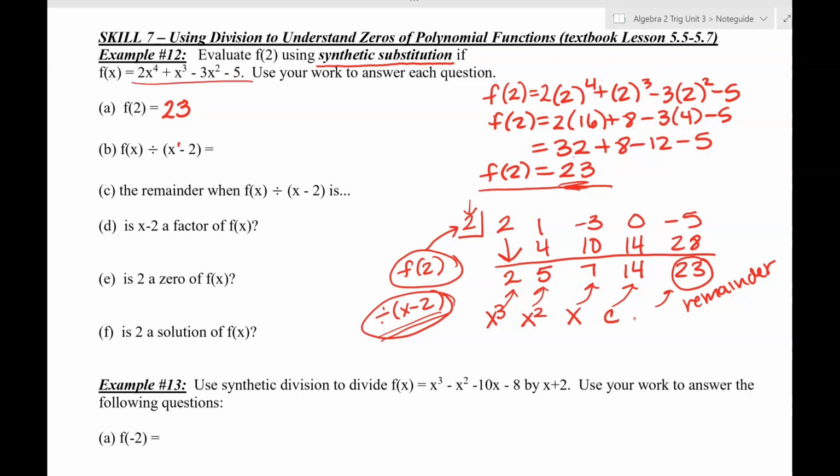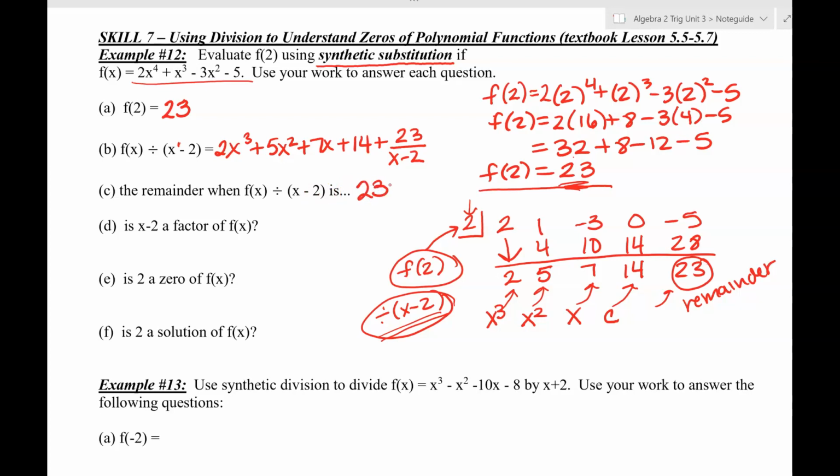Our answer to the division problem, our quotient, would be 2x cubed plus 5x squared plus 7x plus 14 plus this remainder of 23, and we were dividing by x minus 2, so that looks like 23 over x minus 2. Part C, what is the remainder when f of x is divided by x minus 2? It is 23.